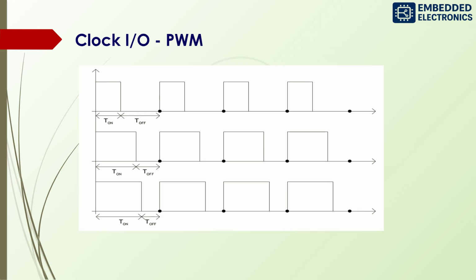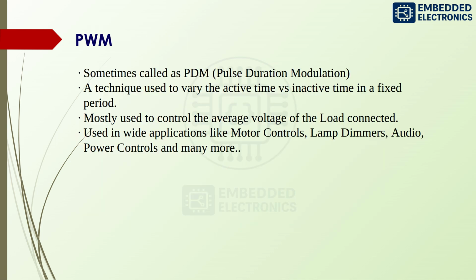In PWM, we are going to generate a pulse, but we are going to change the width of the pulse on the other hand. Hence the name PWM, pulse width modulation. Sometimes it's also called PDM, meaning pulse duration modulation.